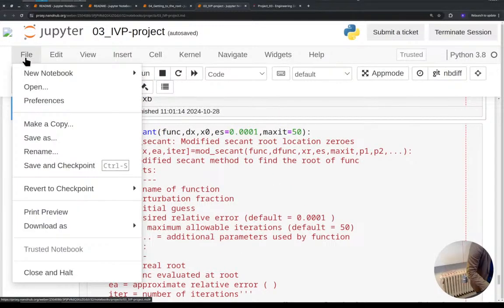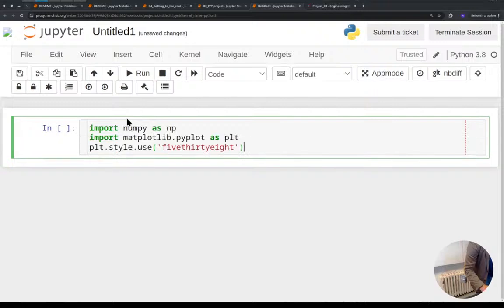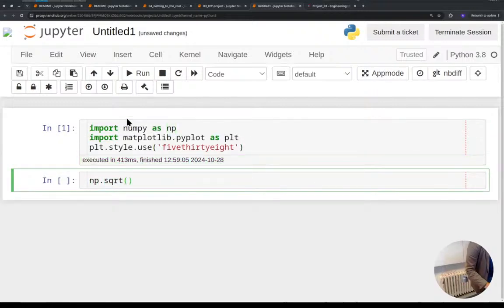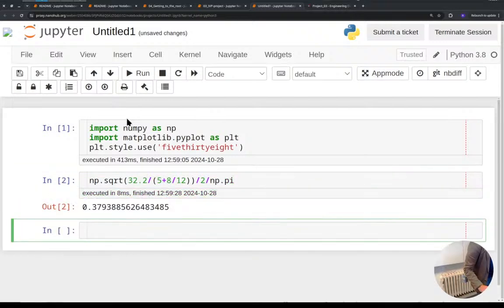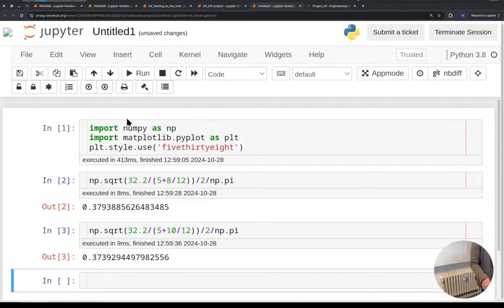Let's see, do I have anything here? So 5 over 12 times divided by 2 divided by... so I get anywhere from 0.38 to 0.37.